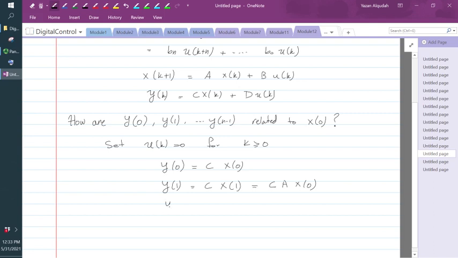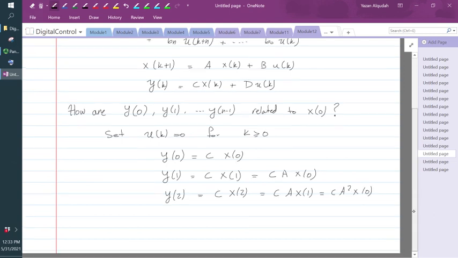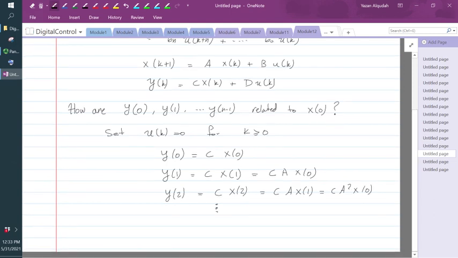Y of 2 is equal to c x of 2, which is c a multiplied by x of 1, which equals c a squared x of 0. If we continue this process, we get y of n minus 1 equal to c a to n minus 1 multiplied by x of 0.